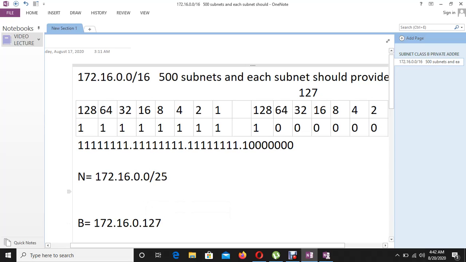So our first valid IP address here is 172.16.0.1, and the last valid IP address is 172.16.0.126.